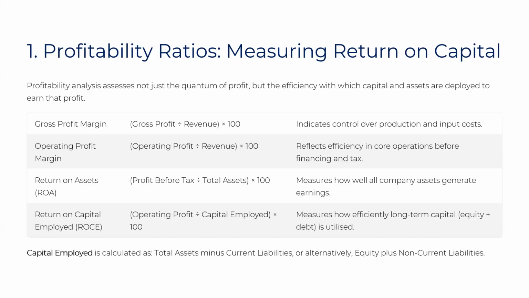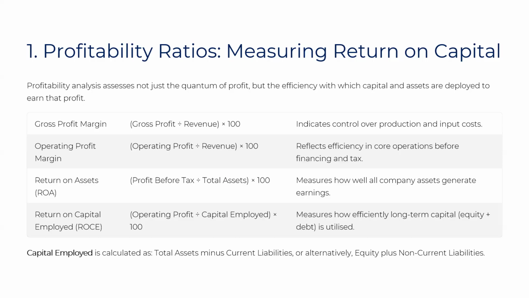The operating profit margin is your operating profit divided by revenue. Now, your operating profit is after all your operating expenses have been deducted from your gross profit.